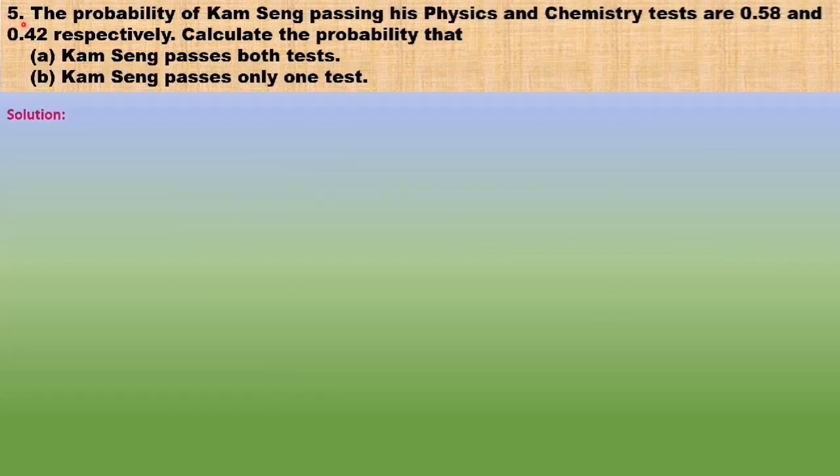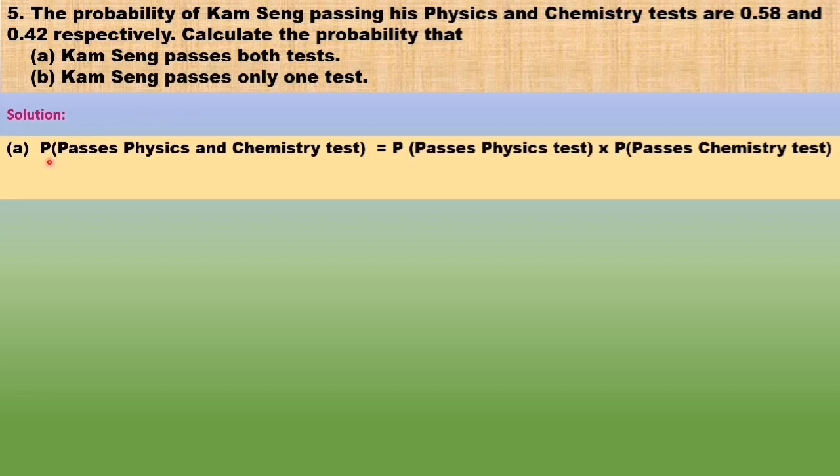Question number 5. The probabilities of Kamsen passing his physics and chemistry tests are 0.58 and 0.42 respectively. Calculate the probability that A. Kamsen passes both tests. So probability passes physics and chemistry tests: if the keyword is AND, we multiply.